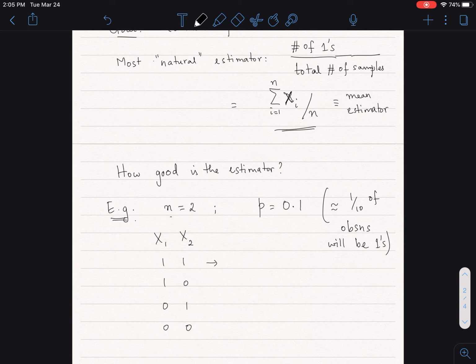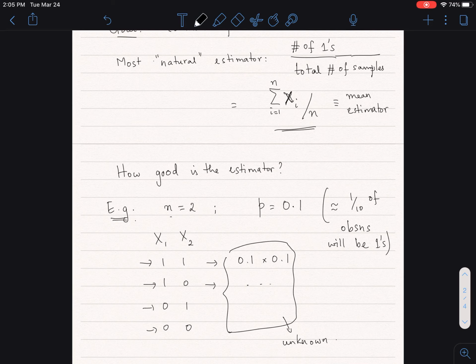For this one, the probability is 0.1 times 0.1 and so on. But note that you don't know these probabilities because we don't know p. So these are unknown to us, and all we see is one of these outcomes.